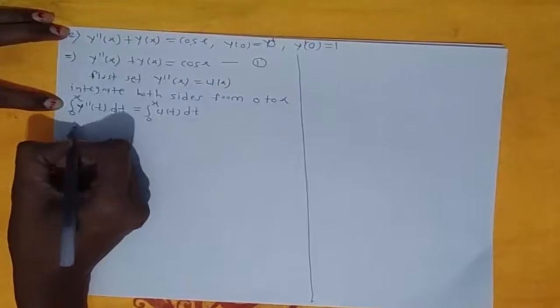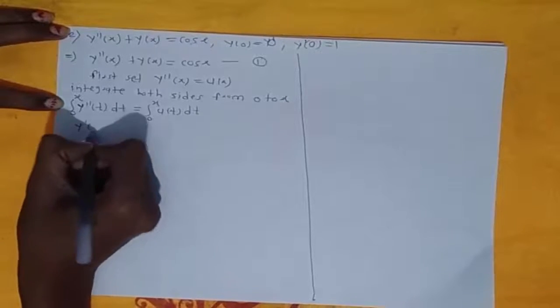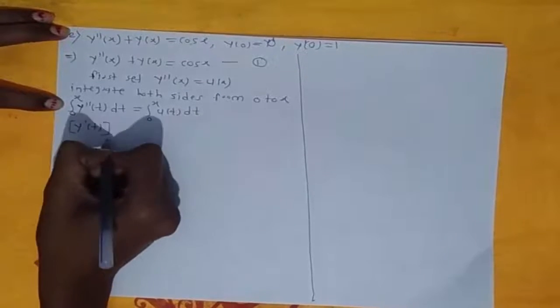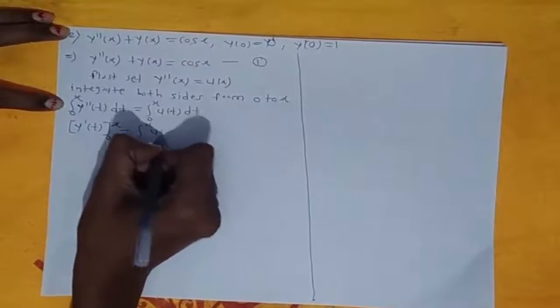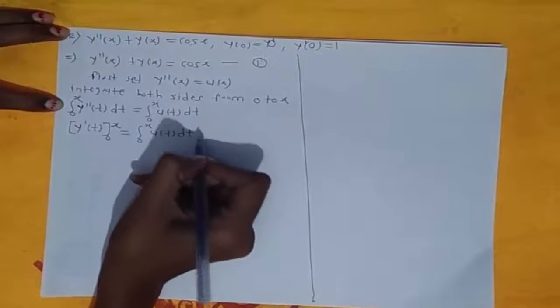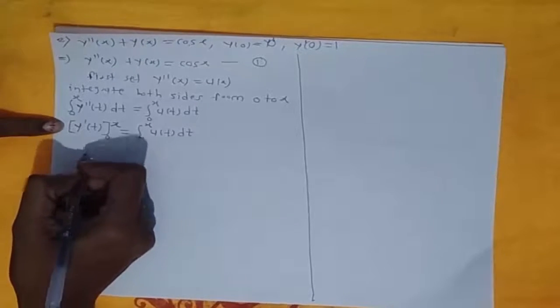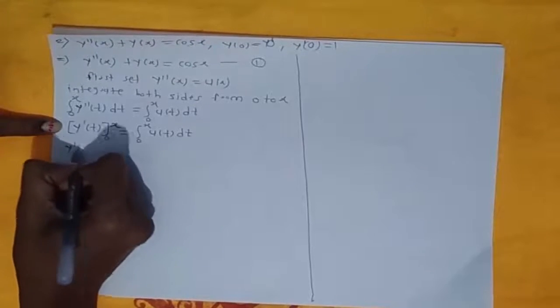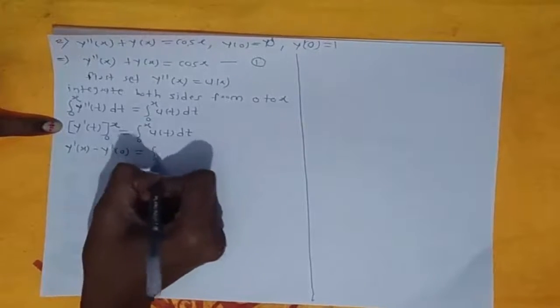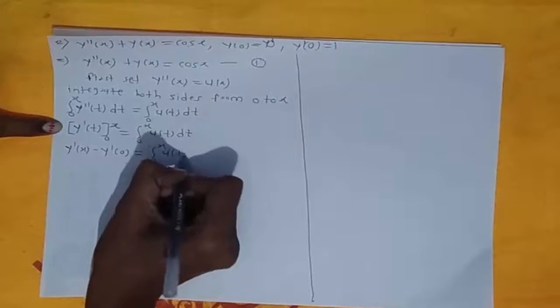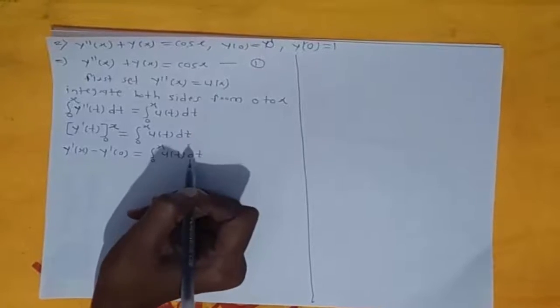Then by taking integration of y double dash of t, it will be y dash of t from 0 to x is equal to integration from 0 to x u of t dt. Then we put limits here, we get y dash of x minus y dash of 0 is equal to integration from 0 to x u of t dt.